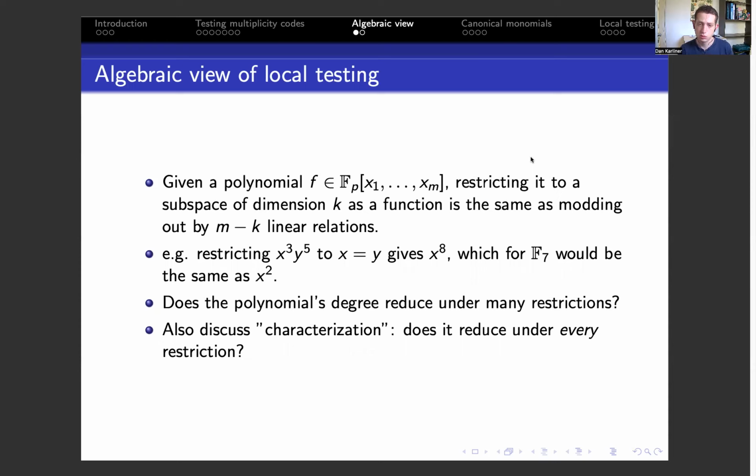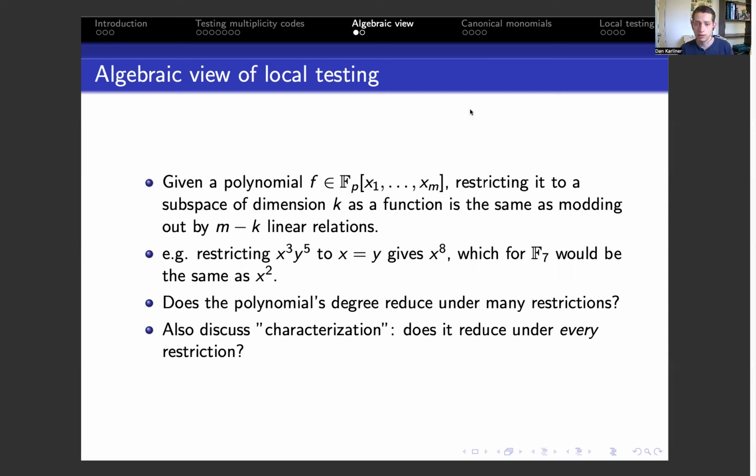So we introduce new equations like x1 equals 3 times x2 minus 7, and we can simplify the expression and get a new expression for the polynomial restricted to this subspace. For example, if we look at x to the 3, y to the 5th, and restrict it to the line x equals y, this gives us x to the 8th, where if we're working over F7, say, then this would be the same as x squared.